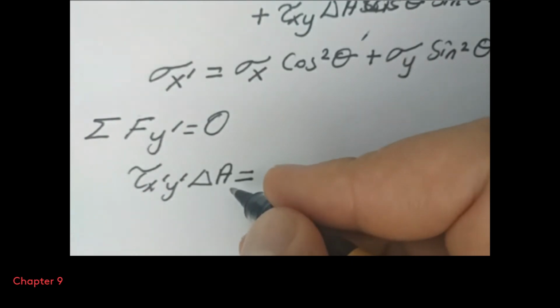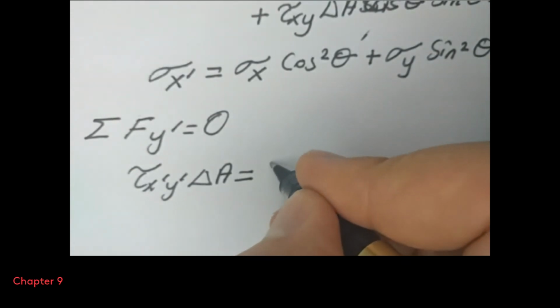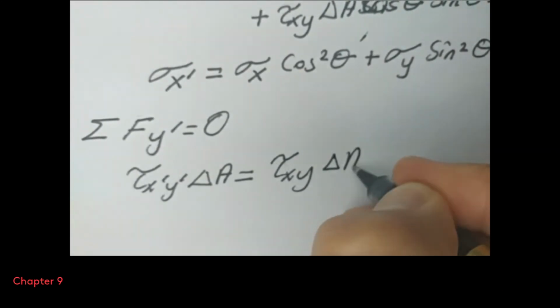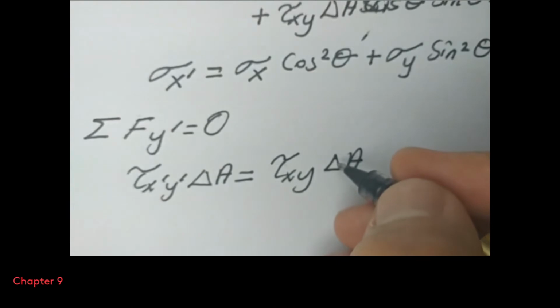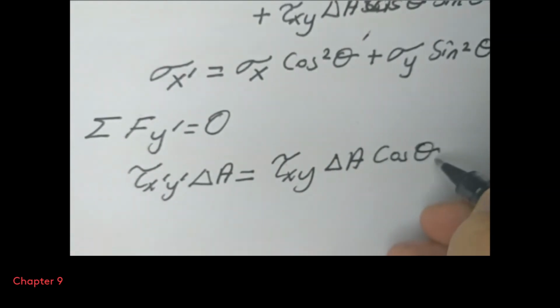So this is tau xy delta A multiplied by cosine theta and certainly it will make an angle of cosine theta.